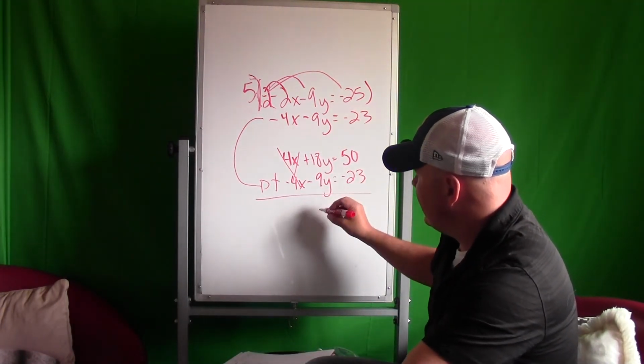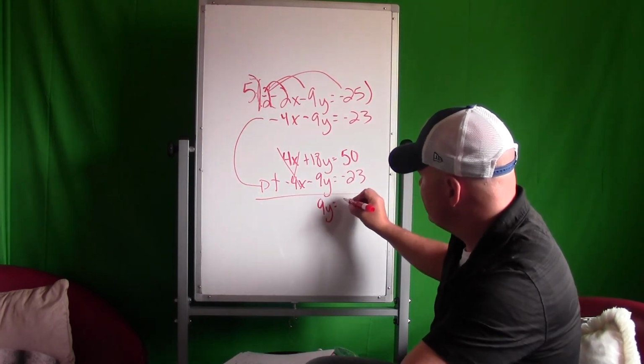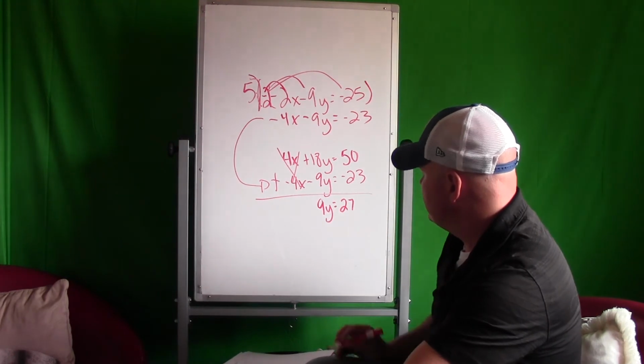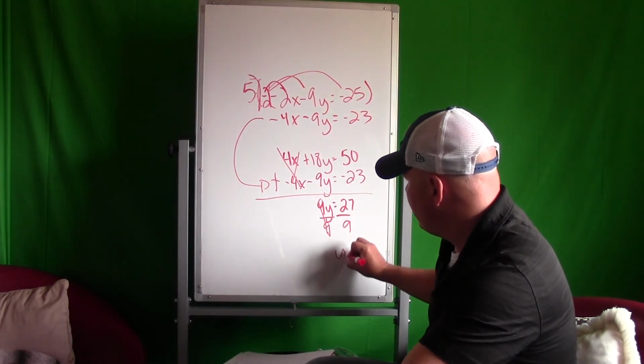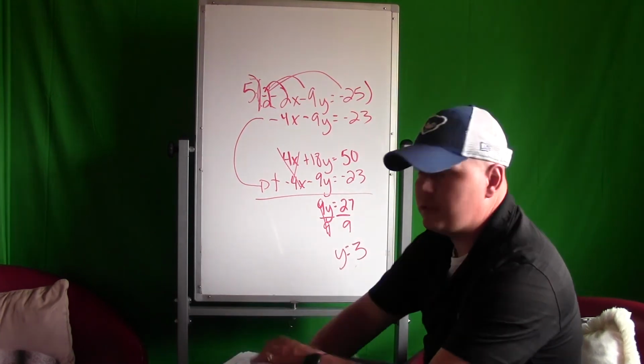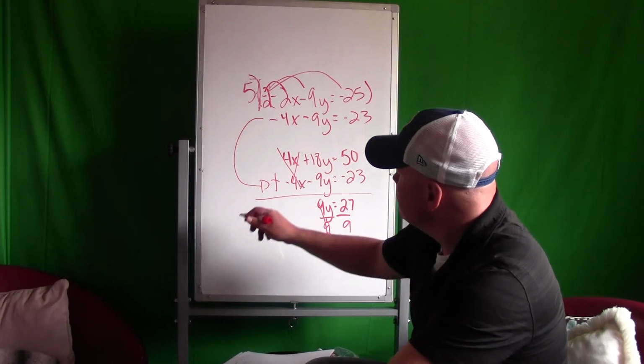18 minus 9 is positive 9y equals 50 minus 23 is 27. And from there, I just divide to get my y value, which in this case is a positive 3. Okay, now from here, what I'm going to do is just plug that in.